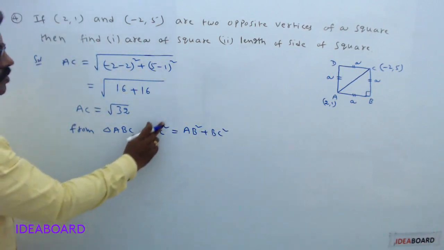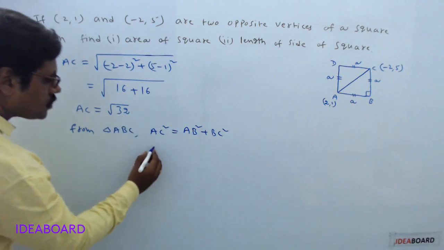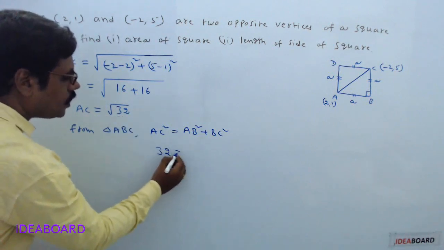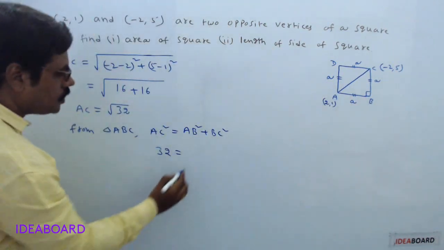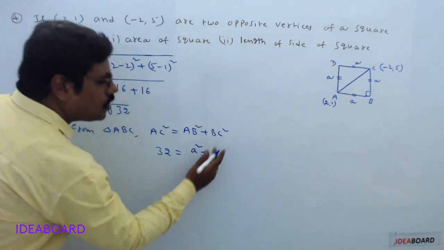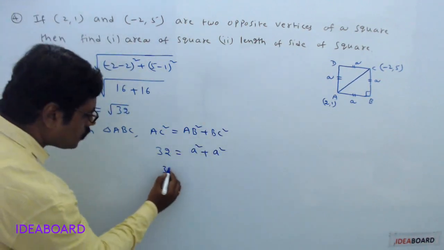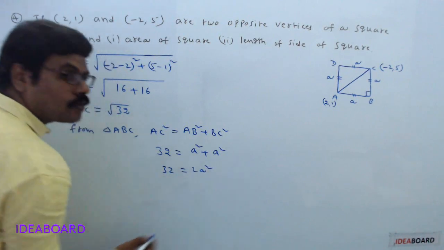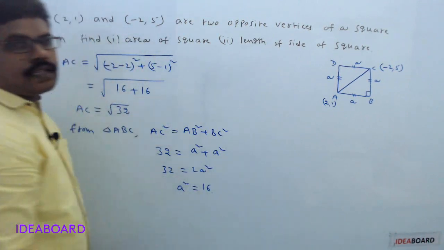Now AC square, what is your AC value? Root 32. AC square means it is 32, equal to AB square. The length of AB is a, so it is a square, plus BC square is also a square. So 32 equals 2a square. Therefore, a square is equal to 16.